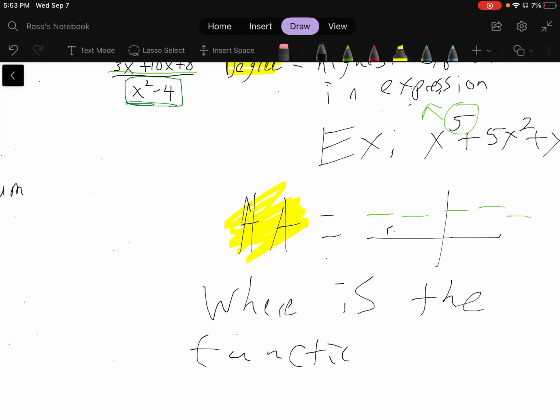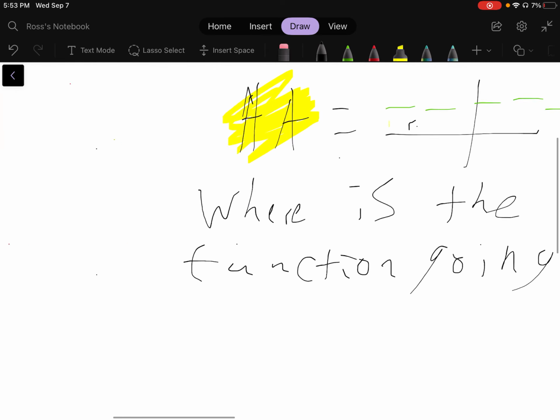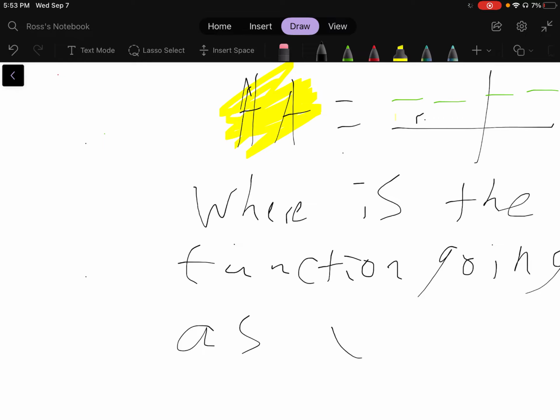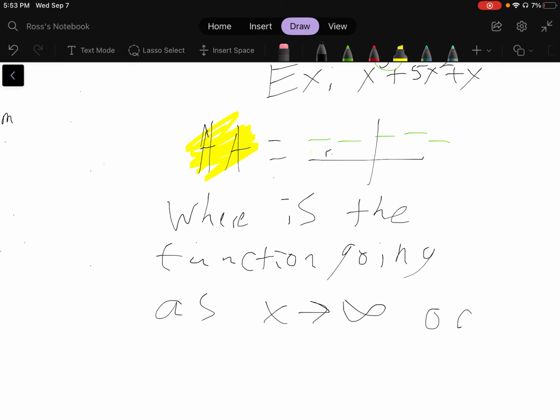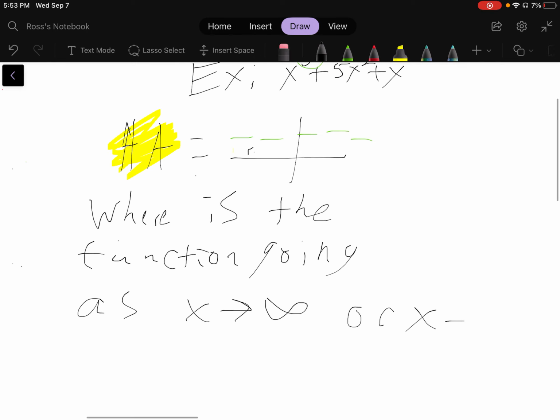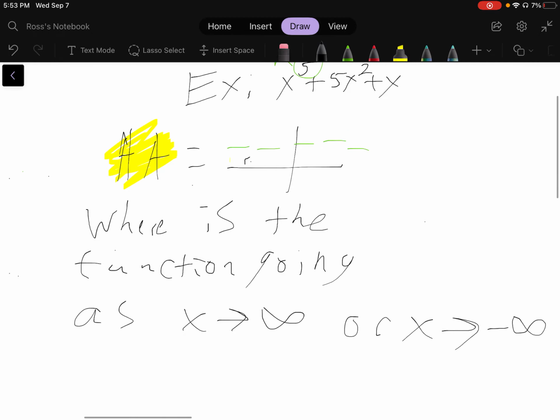Function going as x goes to infinity. So we're talking about end behavior, or x goes to negative infinity. These are where they're related, right? So horizontal asymptotes show where the output of the function is going as x goes to infinity and negative infinity.